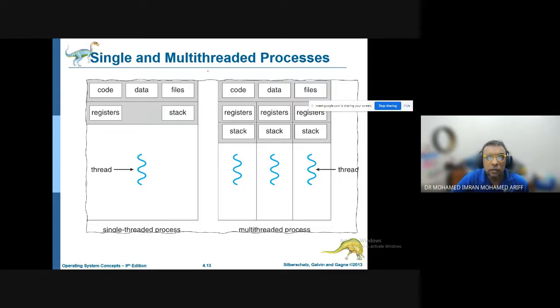So these are all processes. This is a process, this is a process. One process, two process, three process. All of these processes are handled by the OS, and the OS is handled by a kernel over here.